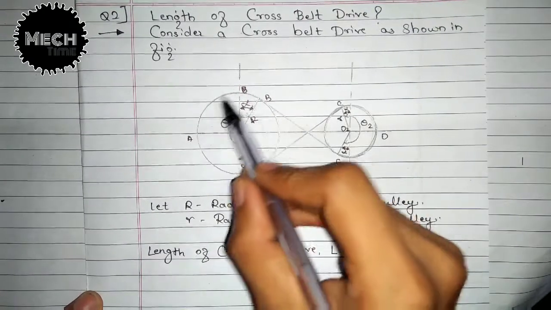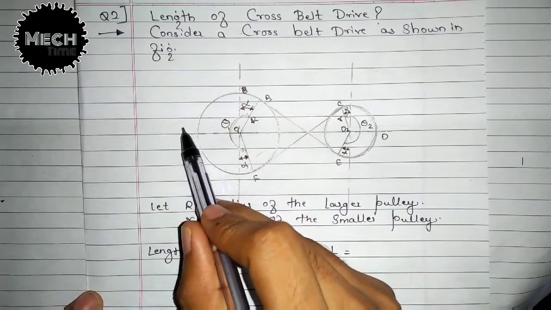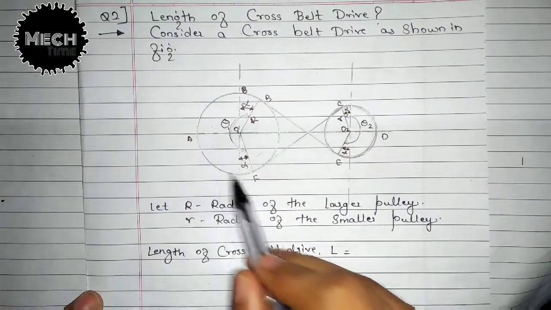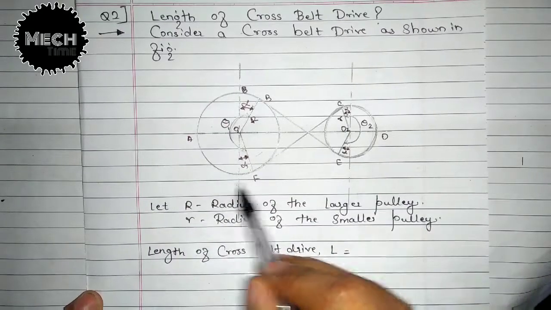So if I multiply the upper section by 2, I'll get the value of the remaining half section.